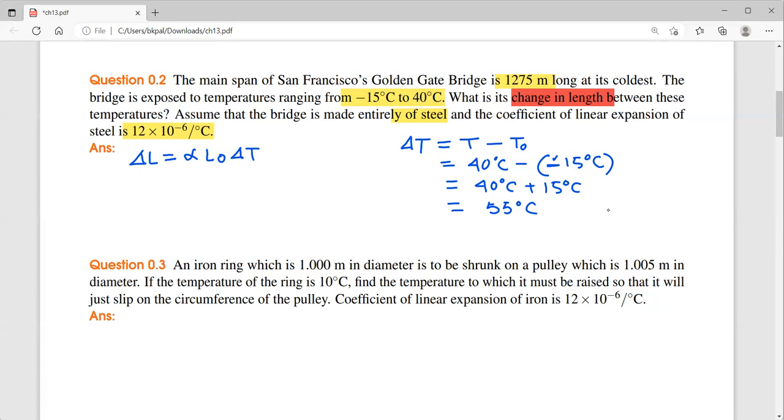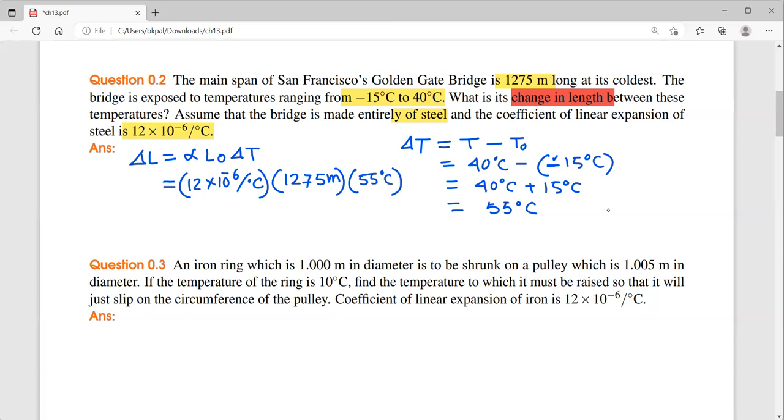Now if I plug in all the values, we get 12 times 10 to the power minus 6 per degree Celsius, L0 is 1275 meters, and delta T is 55 degrees Celsius.